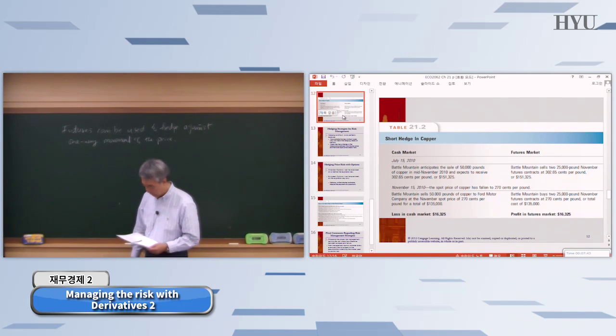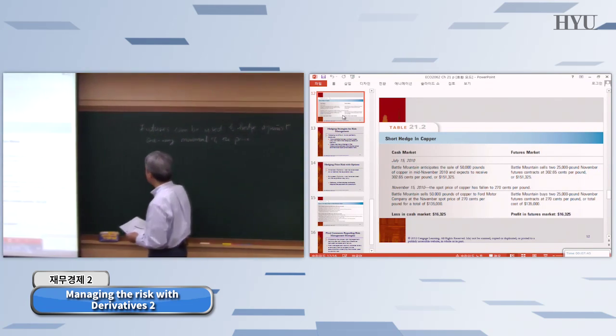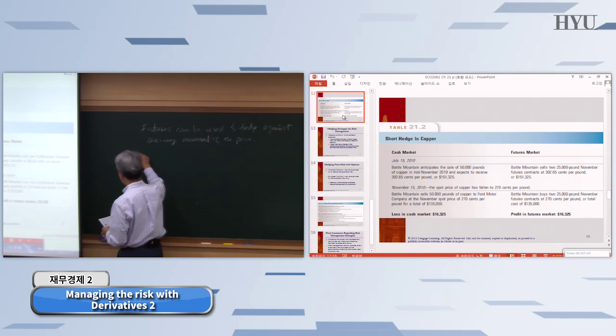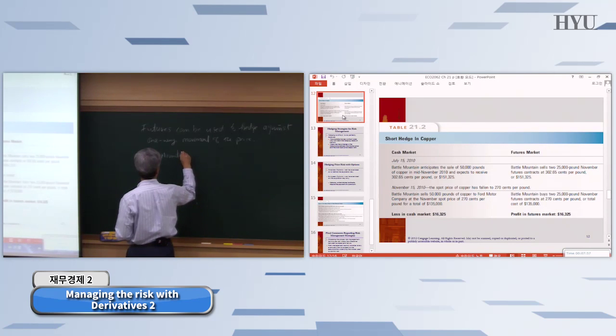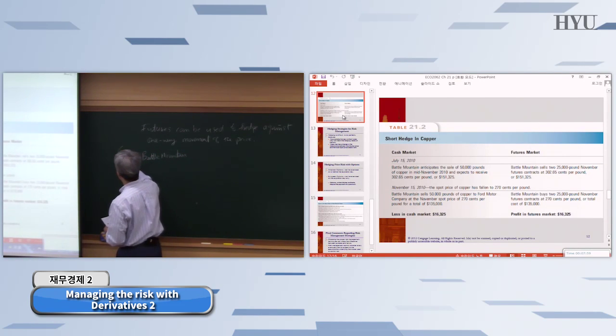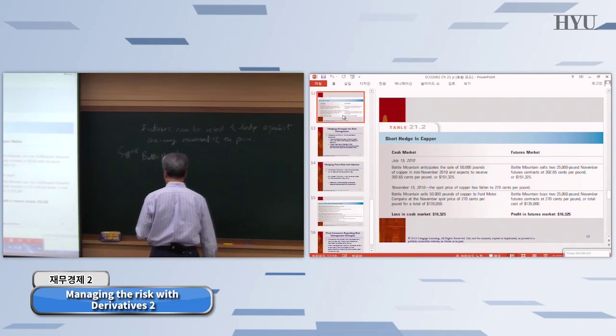And let's say in this example, suppose Battle Mountain purchased a November put.